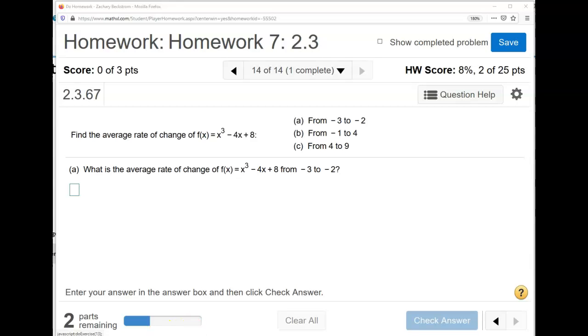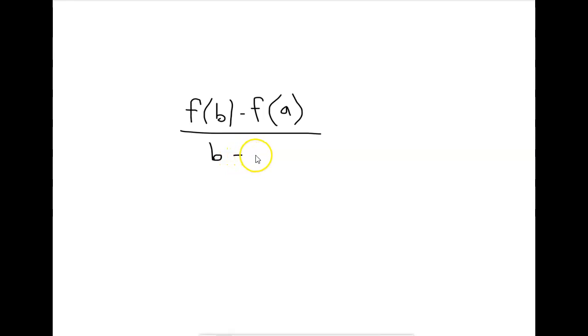So let's go ahead and pull up our whiteboard here. This is going to be f of b, the function evaluated at b, minus the function evaluated at a, all over b minus a.